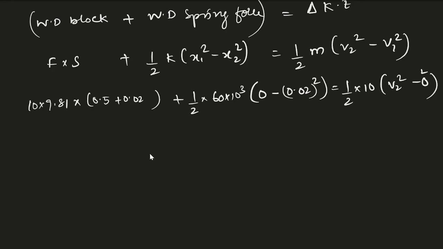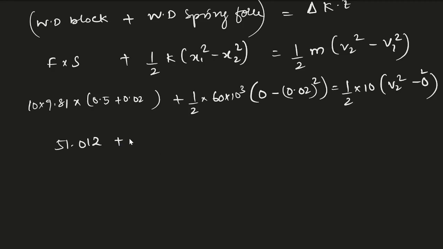Now I'll solve one by one. 10 into 9.81 into 0.5 plus 0.02. This value will be 51.012. Plus half into 60 into 10 power 3 into 0 minus 0.02 the whole square.